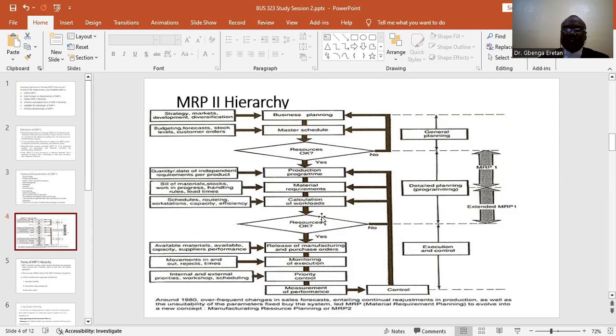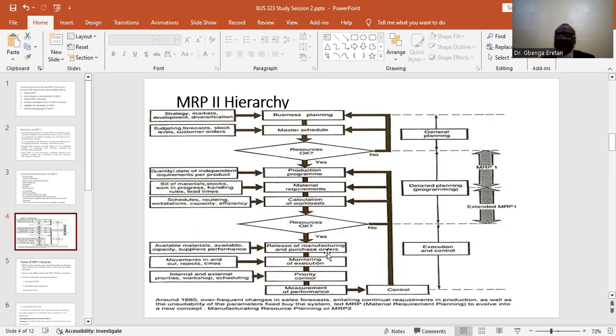And all of these three variables, which are the production program, material requirements, and calculation of workload, fall under detailed planning. That is the detailed planning of the products that need to be produced and not under the general planning. And once we achieve a proper detailed plan, we can therefore say that the resource is okay in order for us to achieve that objective.